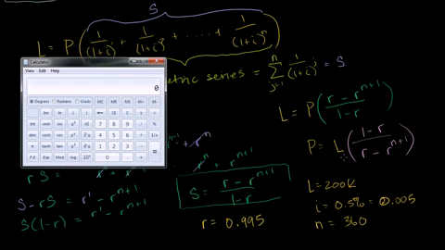So what is our payment amount? Let's multiply our loan amount. That's $200,000. So that is 200,000 times 1 minus r, so 1 minus 0.995, divided by r, which is 0.995 minus 0.995 to the, now n is 360 months, so it's going to be 360 plus 1, to the 361 power.